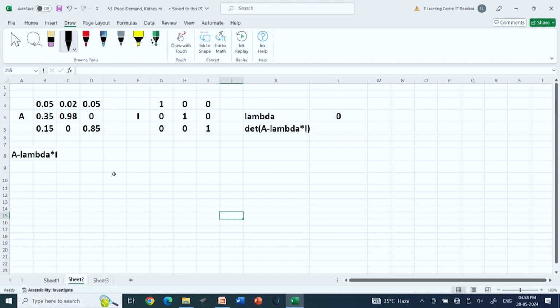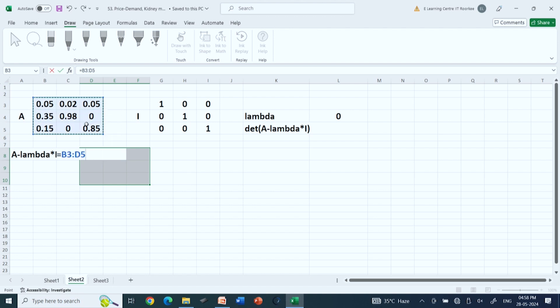So to calculate the eigenvalue, we have to find the determinant of A minus lambda I. So I put an arbitrary value of lambda and I first calculate the matrix A minus lambda I. For that, since this is a 3 cross 3 matrix, first you select 3 cross 3 cells and then put an equal to. Then select this A 3 cross 3 minus lambda multiplied by I.